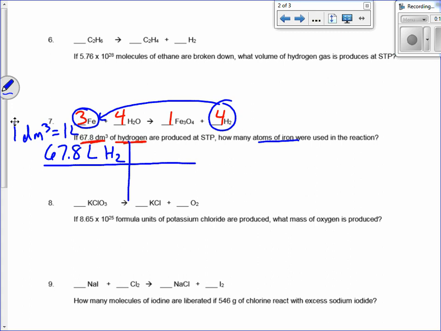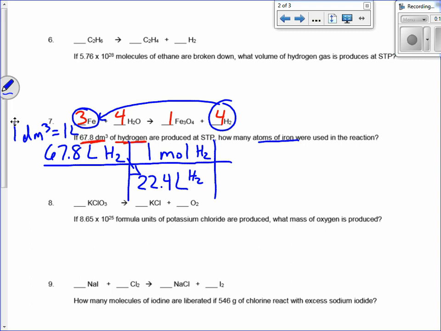Now, before I can do anything, I have to change my liters to what? Got to change it to moles. Everything goes to moles. So, liters to moles. How many liters in 1 mole? 22.4 liters at standard temperature and pressure. Liters of hydrogen to moles of hydrogen. So, now I'm finally to the mole.